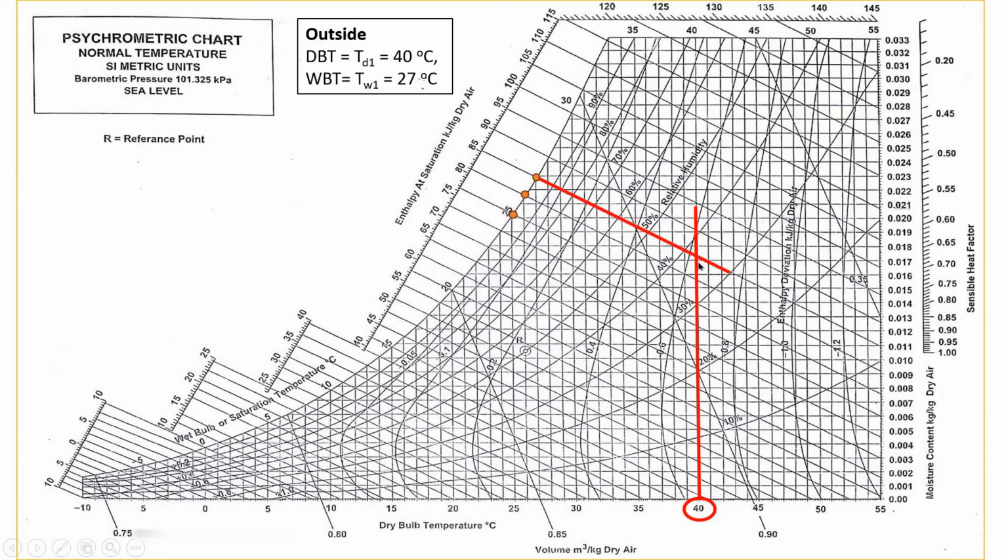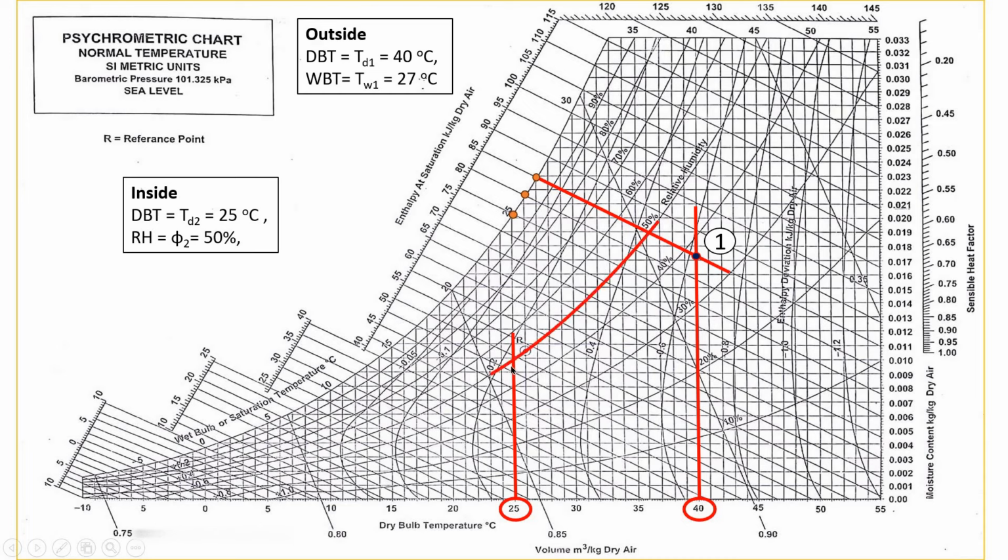And here, this intersection point, it is the outside air condition point 1. Similarly, we can locate inside room condition where dry bulb temperature is 25 degrees Celsius and relative humidity 50%. So here it is the 25 degrees Celsius dry bulb temperature. So draw vertical line from this, and here this curve line, it is for 50% relative humidity line.